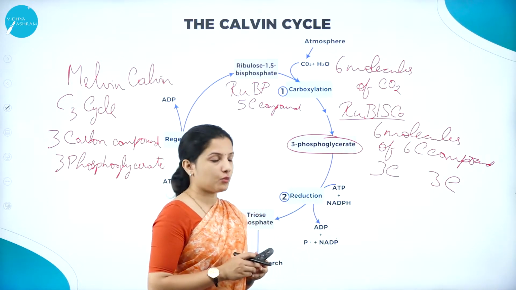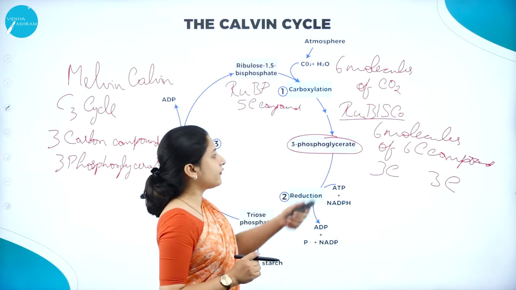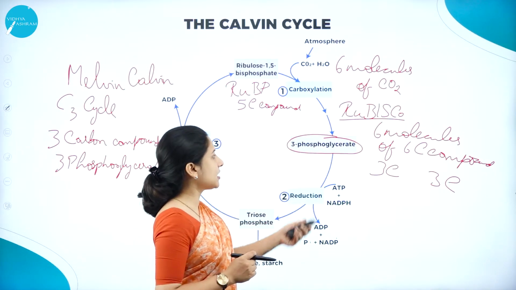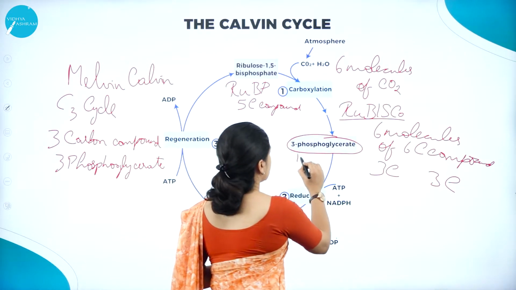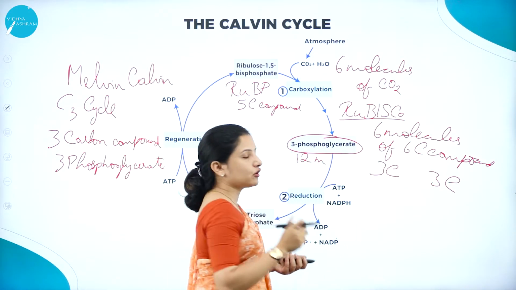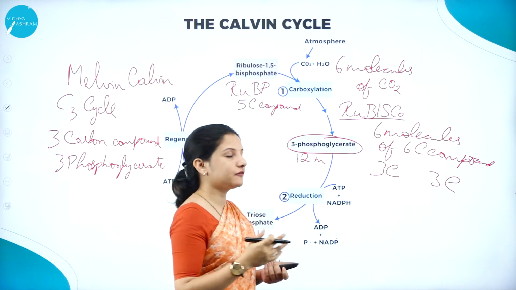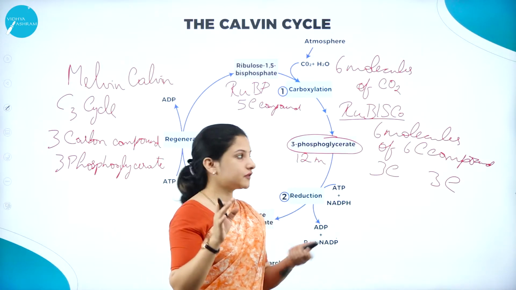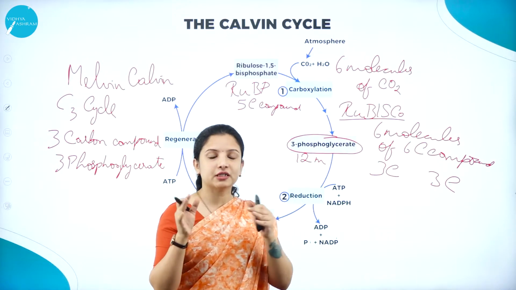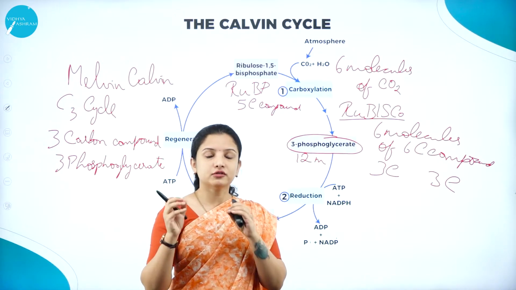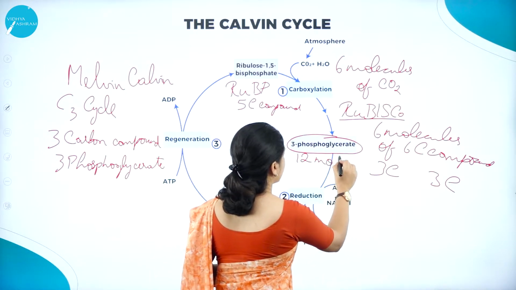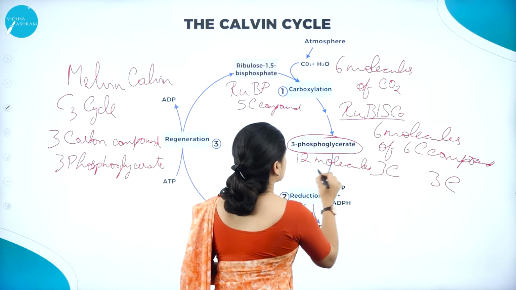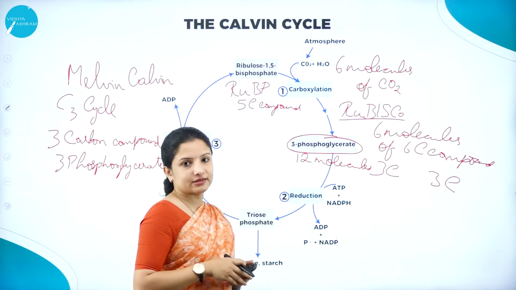It is more stable when compared to the 6-carbon compound. So here there are totally 12 molecules of 3-phosphoglycerate. Why? Because 6 into 2 will become 12, right? So 6 molecules of the 6-carbon compound are split into 2 molecules of 3-carbon compounds each, so 12 molecules of 3-phosphoglycerate, a 3-carbon compound, will be formed.